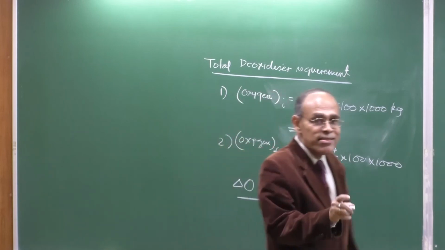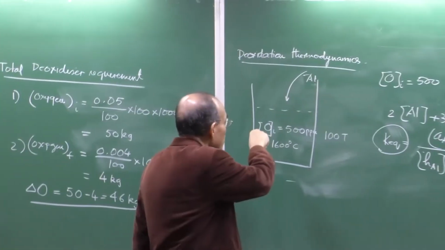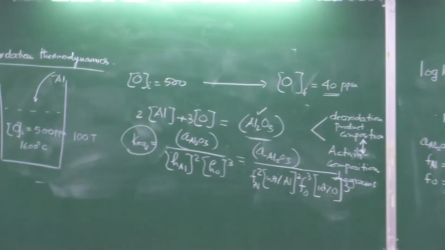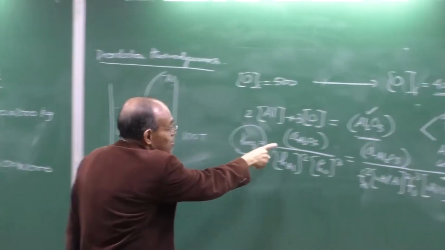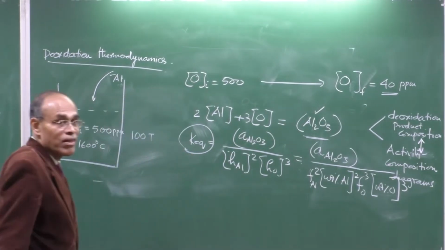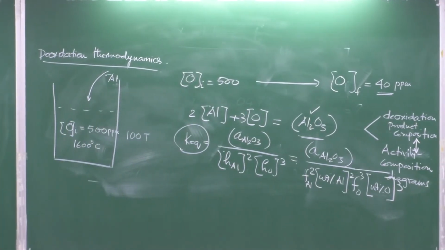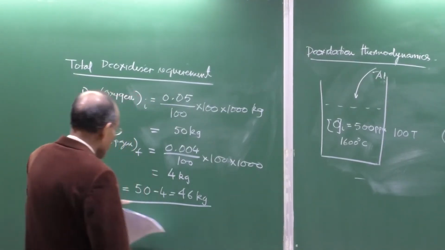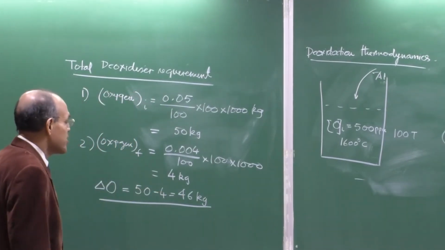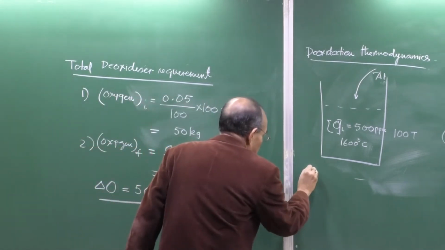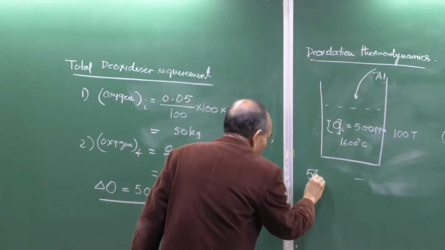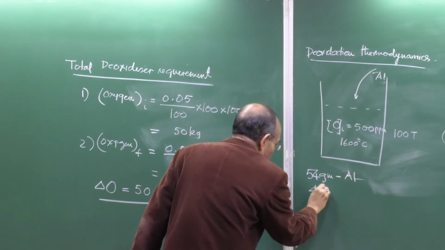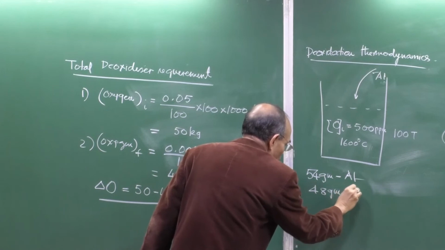So, one component is that aluminum has gone into steel to stay in equilibrium, which is 7 ppm, and the other component is the aluminum sitting in Al2O3. For this much oxygen, you can find out how much aluminum is needed, because 54 grams of aluminum needs 48 grams of oxygen.